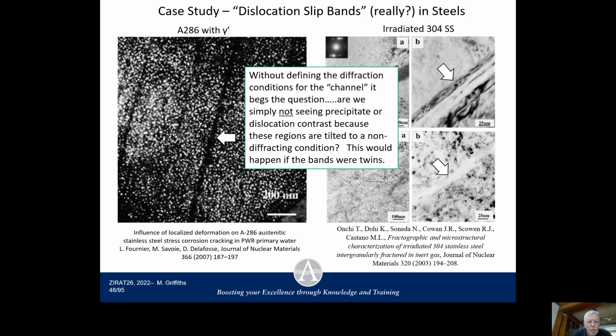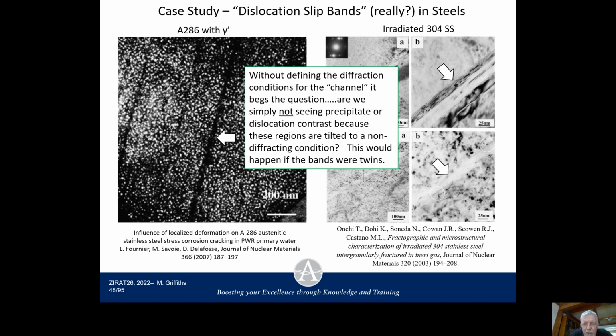Here's an example in A286 with gamma prime, where you have these bands that are clear of contrast, of the gamma prime contrast in this particular case. And in this case, here's some radiation damage, and we have these bands that are clear of contrast. Now, that's not to say, in my mind, that there are no defects in there.